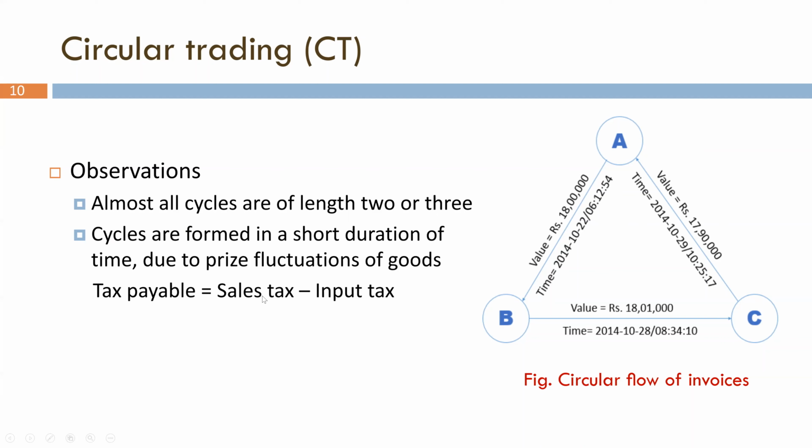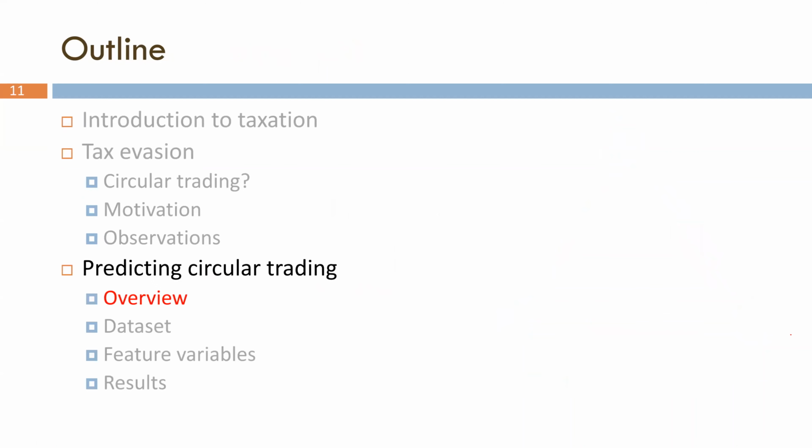If A to B and then B to C happen on different days, then making the tax payable amount zero is very difficult. There's no value addition, so in order to satisfy that, they have to do it on the same day. In most cases, it is on the same day. It's an important observation.